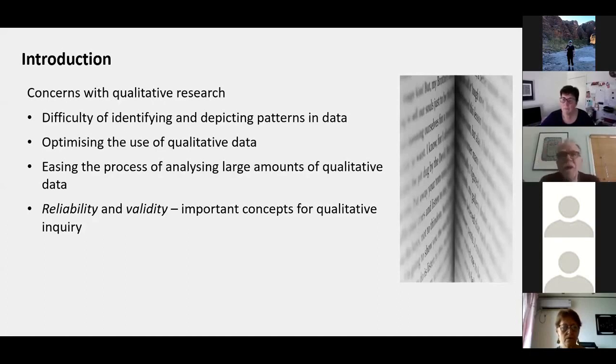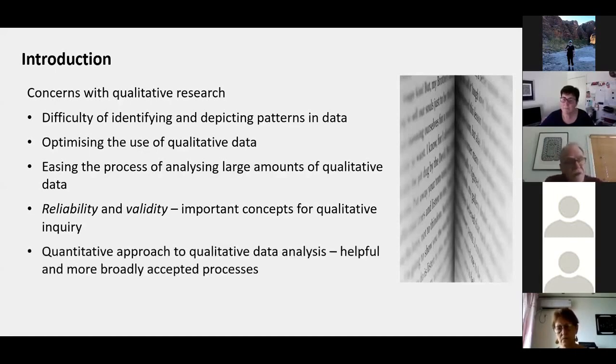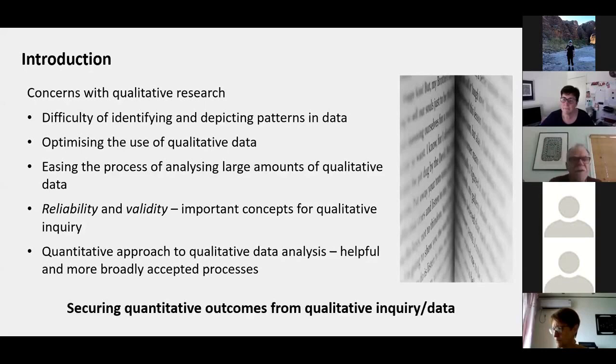Are they atypical? This leads to conclusions that perhaps cherry picking is going on, that quotes have been selected out of convenience rather than scientific worth. So the quantitative approach to qualitative analysis is perhaps helpful, and perhaps a more broadly accessible process. This leads to the discussion about how we can secure quantitative outcomes from qualitative data.